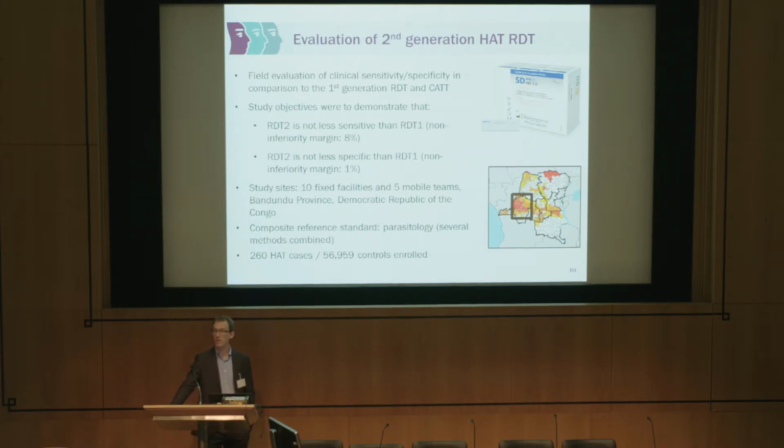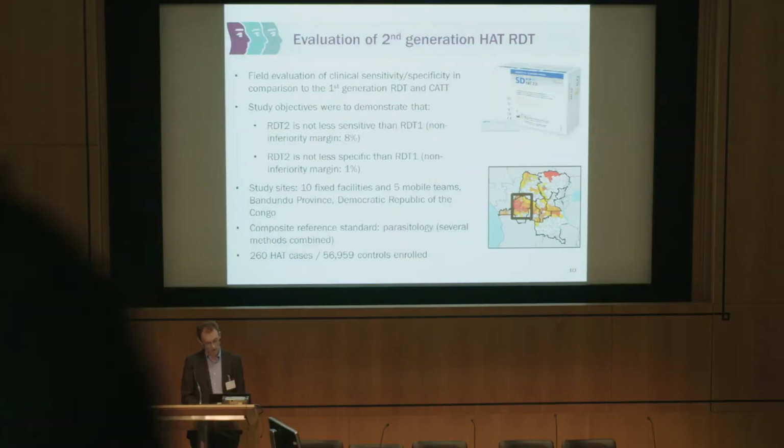For this, we included 15 sites, so 10 fixed centers for passive screening and 5 mobile teams in the province of Bandundu in DRC. We used as a reference standard a composite reference standard made of several routine parasitology methods. And we were able to enroll 260 cases and almost 57,000 controls.